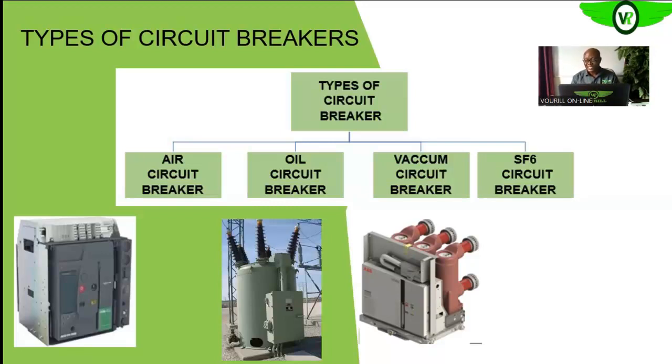At that level of vacuum, the dielectric strength is very, very high, enough to prevent the flow of whatever current is going to go through those contacts when they are open. That is why it is deployed in medium voltage circuit breakers.